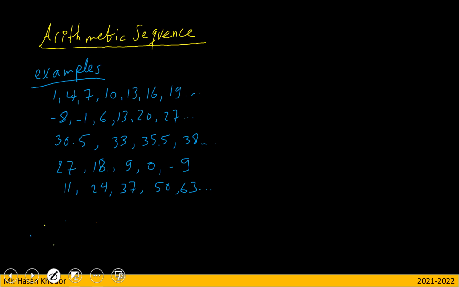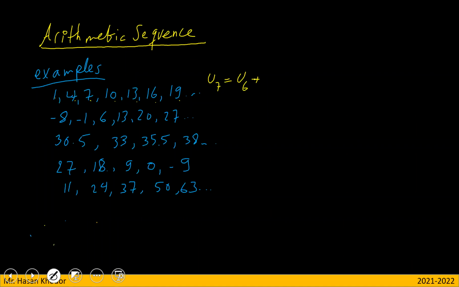So here we have first 1, 2, 3, 4, 5, 6, 7. If I want to find the 7th term, I can take the 6th term and add to it.